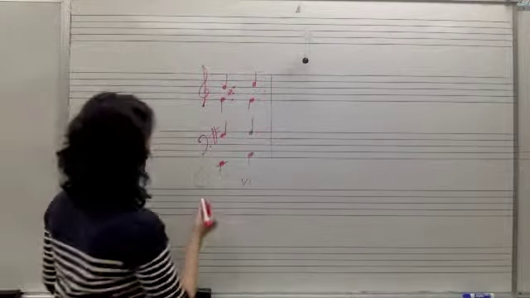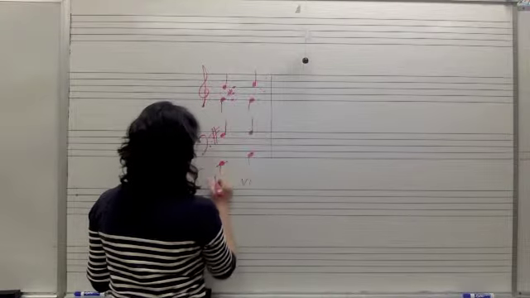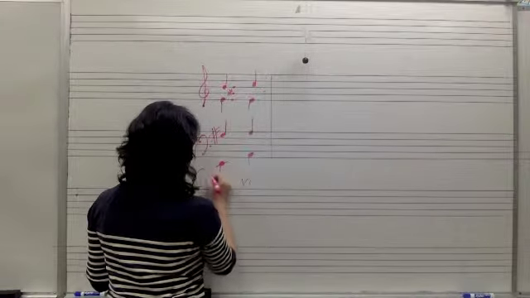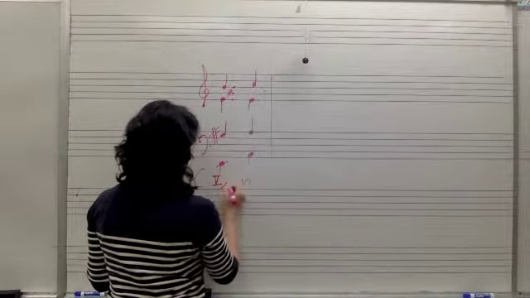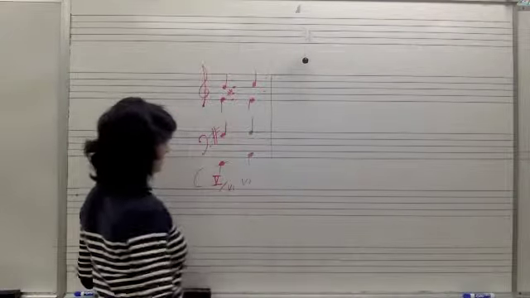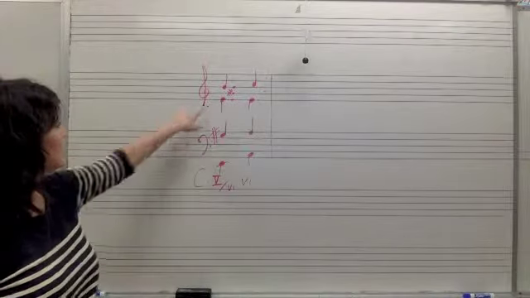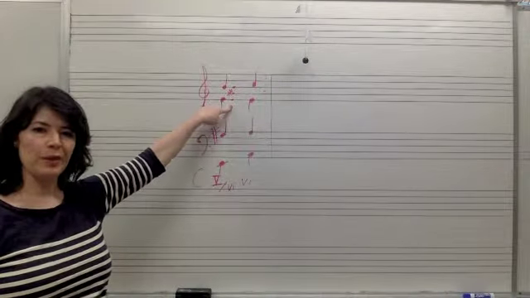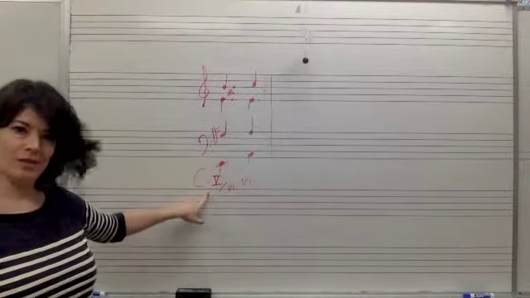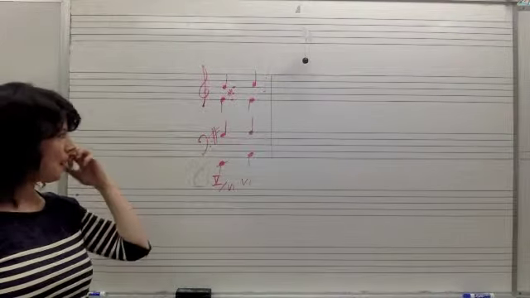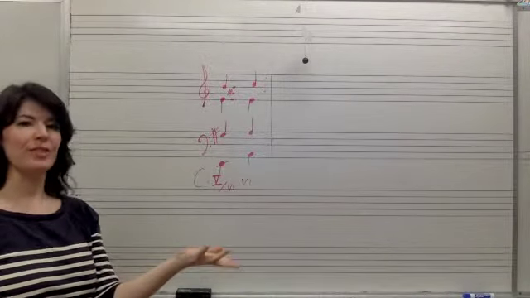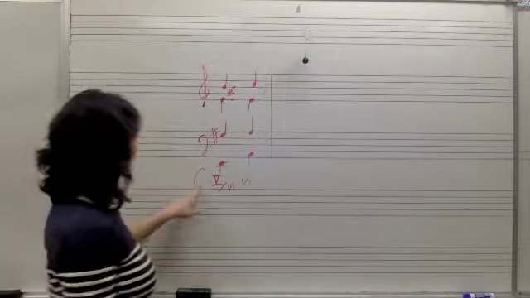All right, so the book calls this 5 of 6. And the way we figured this out is E is the 5 of something, right? So what is E the 5th of? Let's figure this out.